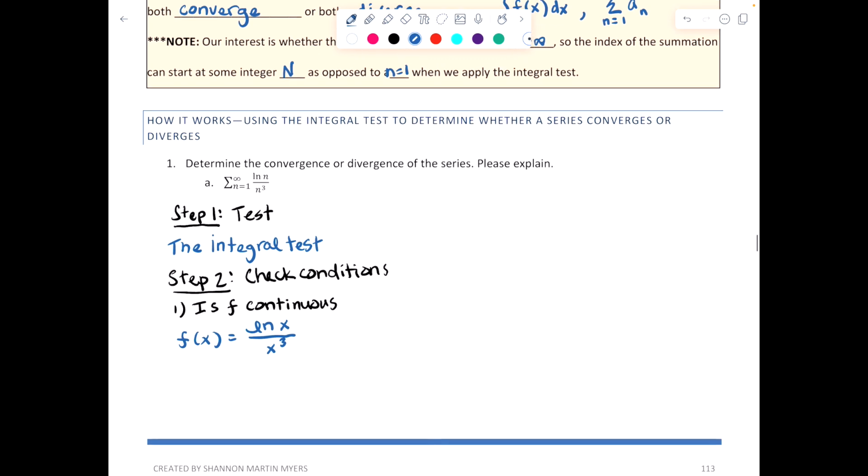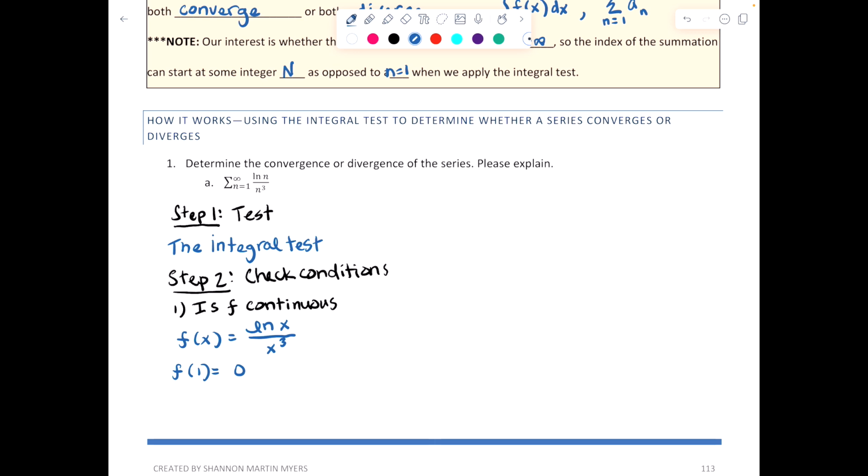And then we're looking, if you start at x equal to 1, do you see that you'll get natural log 1, which is 0, over 1 cubed? And then as your numbers get bigger, your graph is going to, there's no discontinuities.